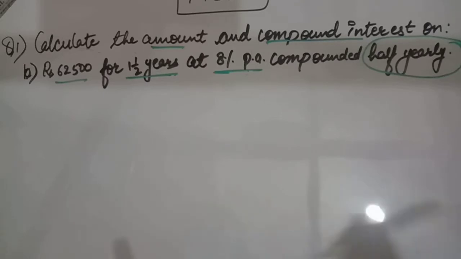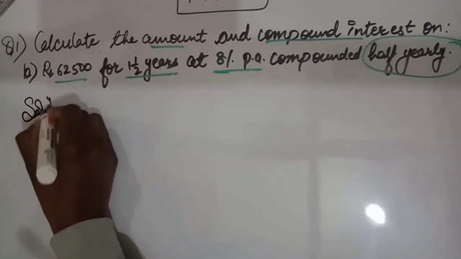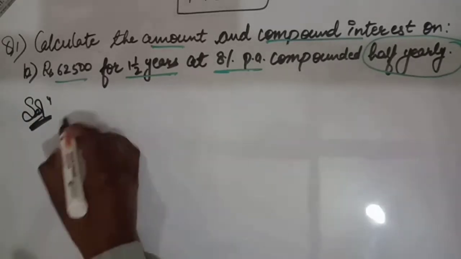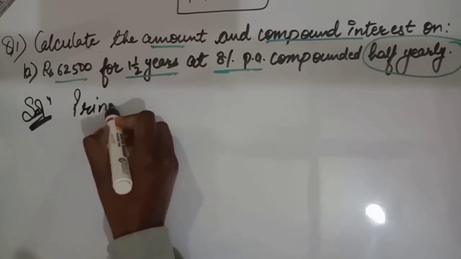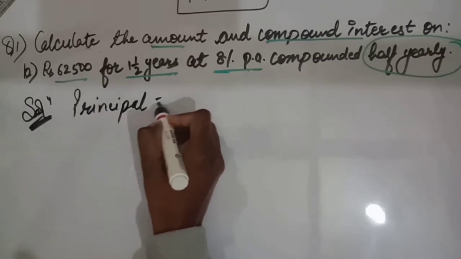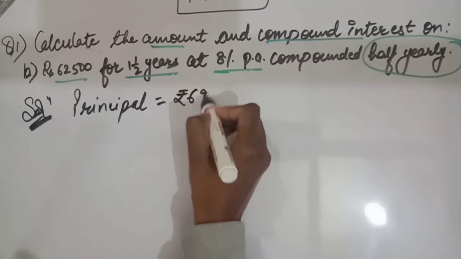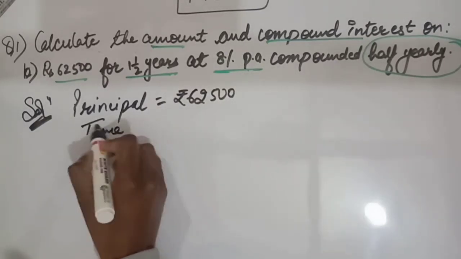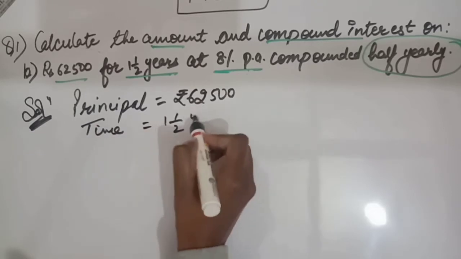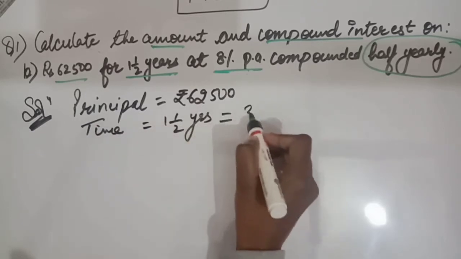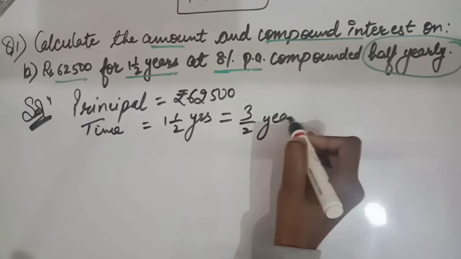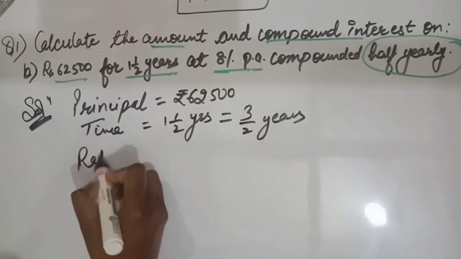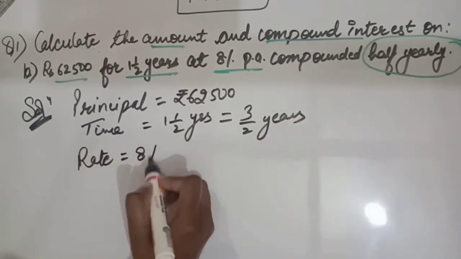So let us begin how to do it. Principal is rupees 62,500. Time is 1 and 1/2 years, that will be equal to 3/2 years, and rate is 8%.